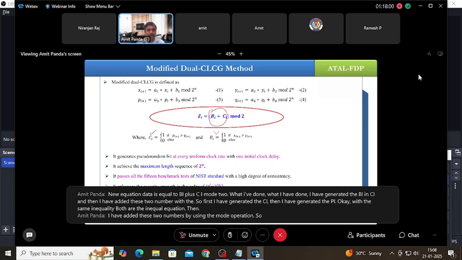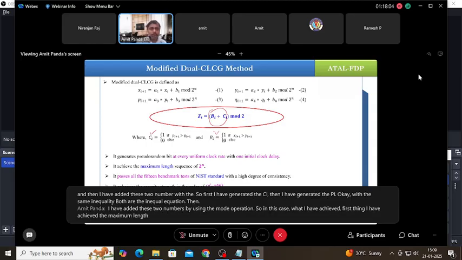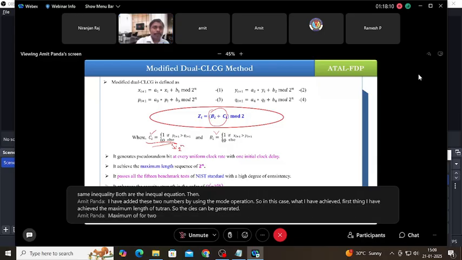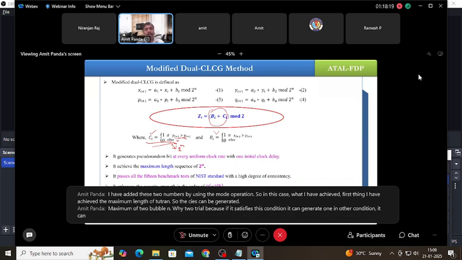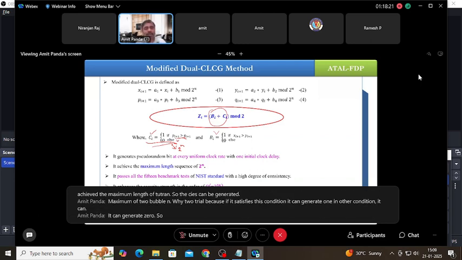In this case, the first thing I achieved is the maximum length of 2 to the n. This ci can be generated with a maximum of 2 to the power n. Why 2 to the n? Because if it satisfies this condition, it can generate 1, and in the other condition it can generate 0, so it satisfies all the inequality conditions.